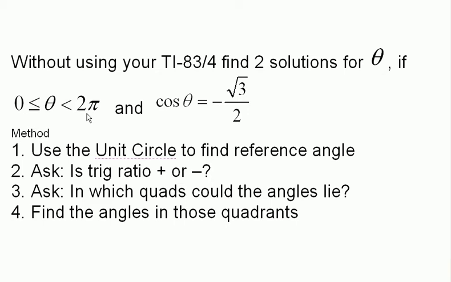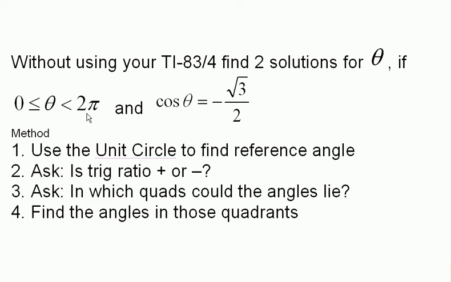The first step is to use the unit circle to find the reference angle. Using the unit circle, we will get exact values for theta and not decimal values with decimal points as we would in the calculator. The next question would be, is my trig ratio positive or negative?